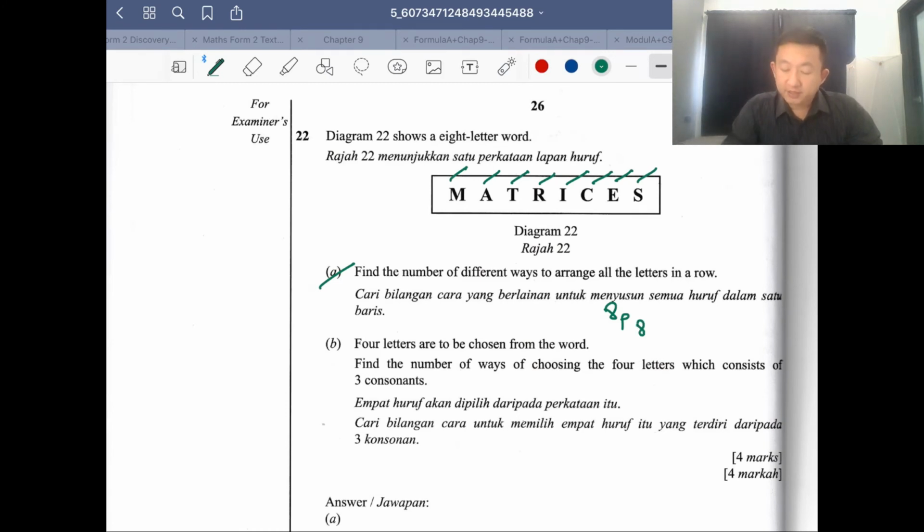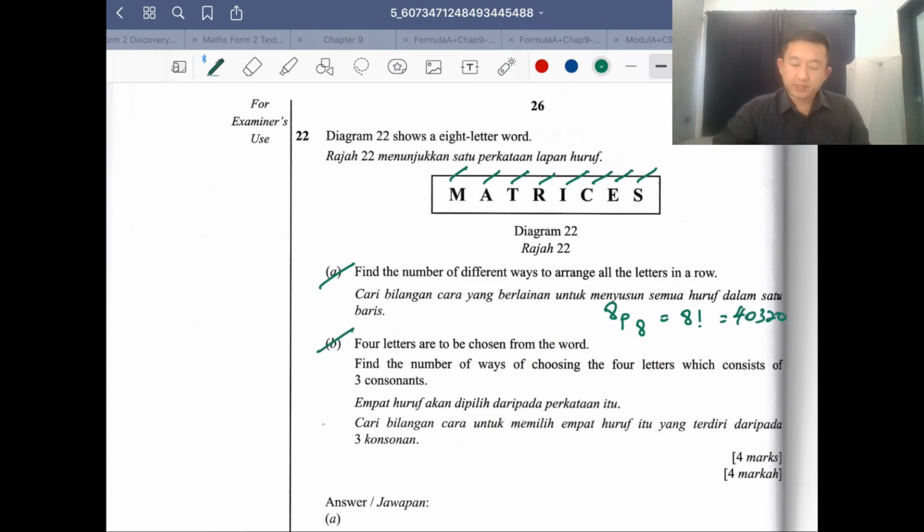Okay, 8P8. You have 8 cards and you're going to arrange all 8 cards. So 8P8, 8 factorial. How many ways? Oh, a lot of ways.